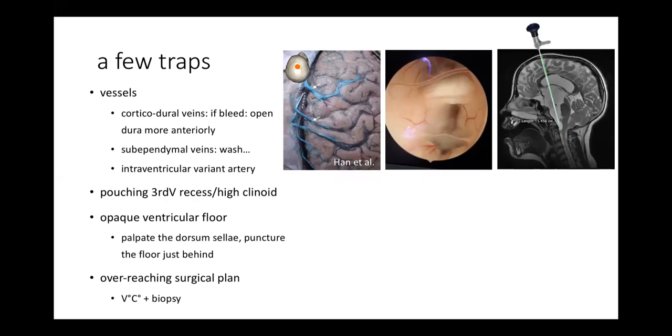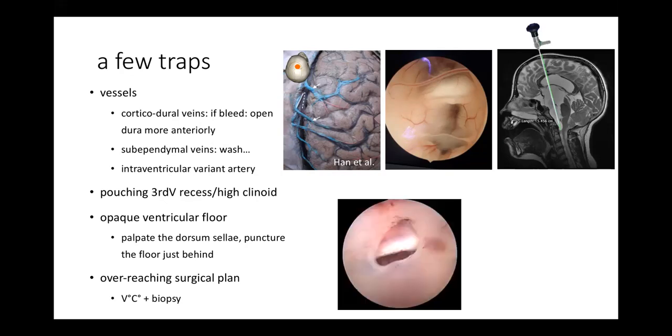The floor of the third ventricle is very low here, and you need a really long instrument. Sometimes the floor is very low behind the clivus, and so it is difficult to align exactly with the hole.